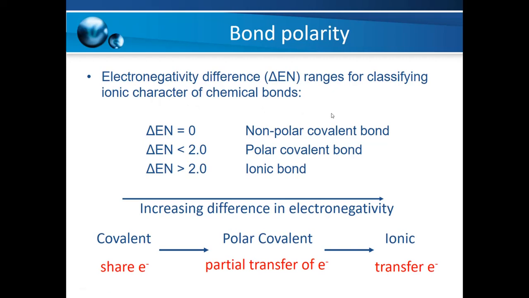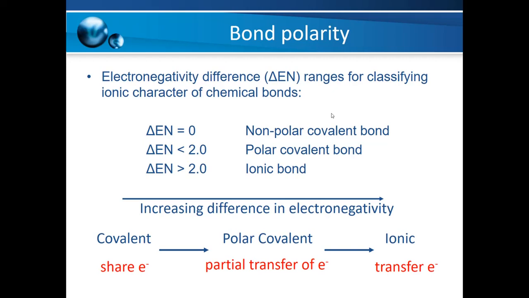Because from the electronegativity difference value we can know whether the molecule will exhibit ionic bonding, covalent bonding, polar covalent bonding or non-polar covalent bonding. So if you calculate and the electronegativity difference is equal to 0, it is referring to non-polar covalent bonding.